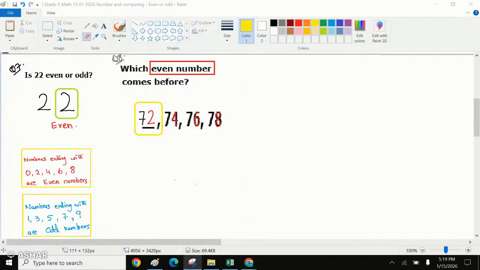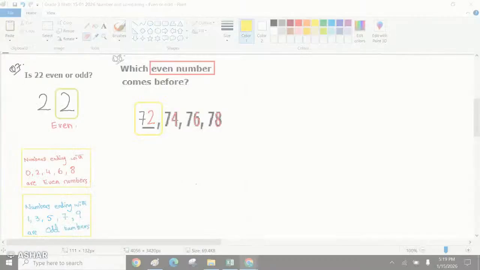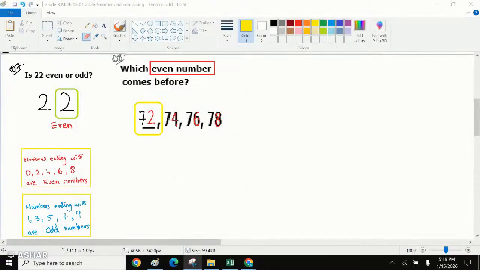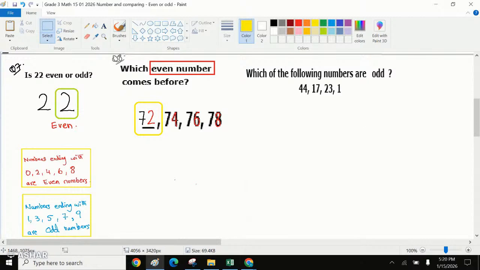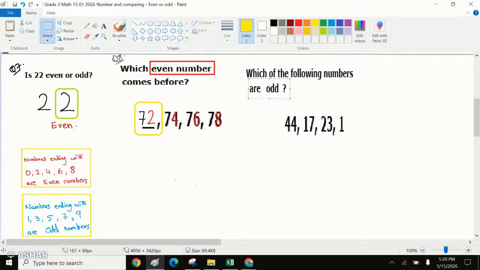Okay, the next question says, which of the following given numbers are odd numbers? So we need to identify in question number 9 which of the following numbers are odd. Okay, I'll just write down the numbers properly. And we need to remember what they're asking us in the question.